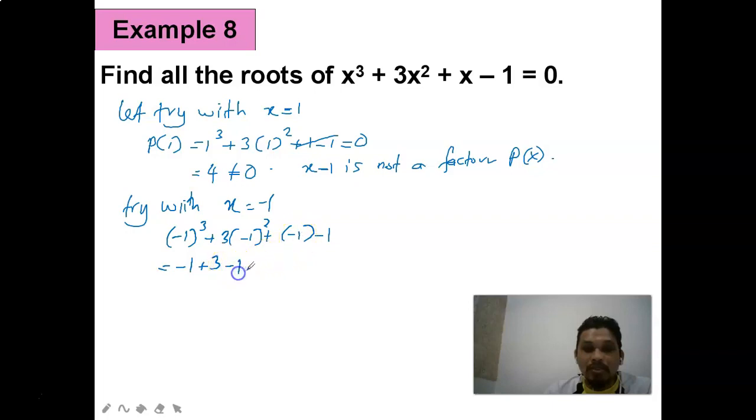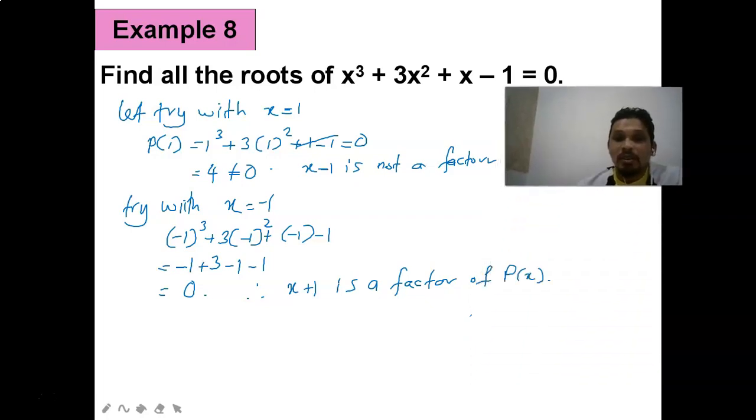Negative 1 minus 1 minus 1, then it equal to 0. So then x plus 1 is a factor of polynomial P(x).